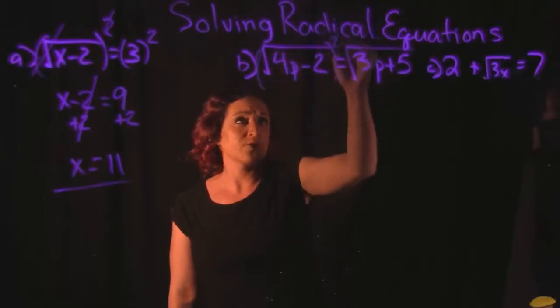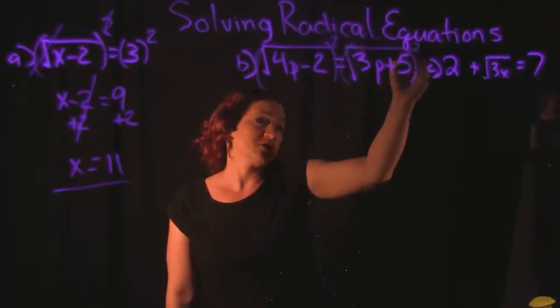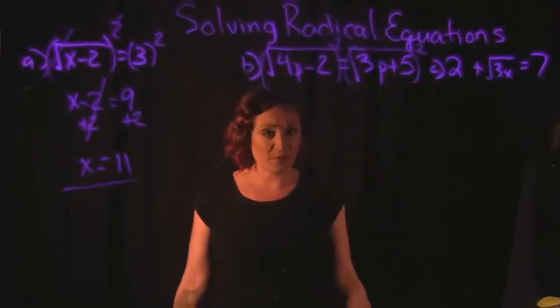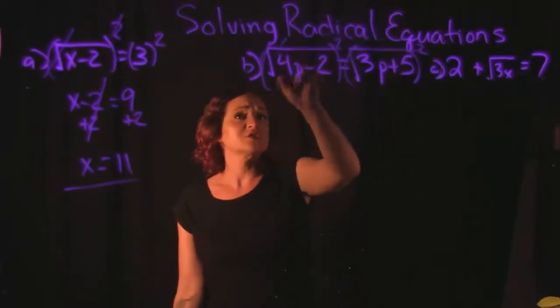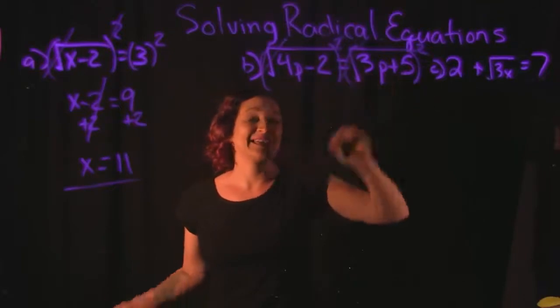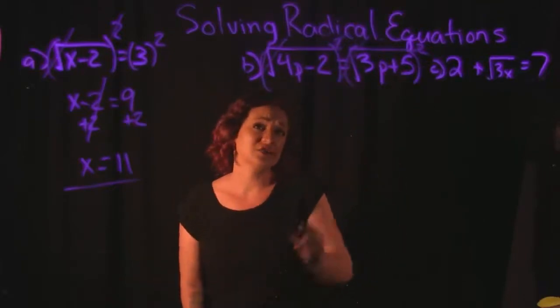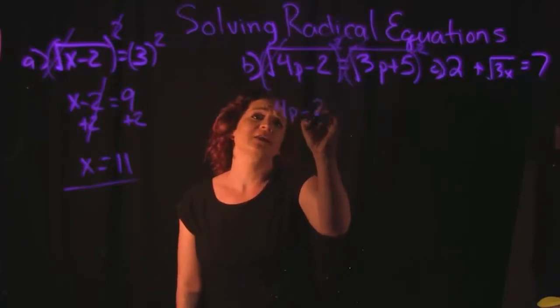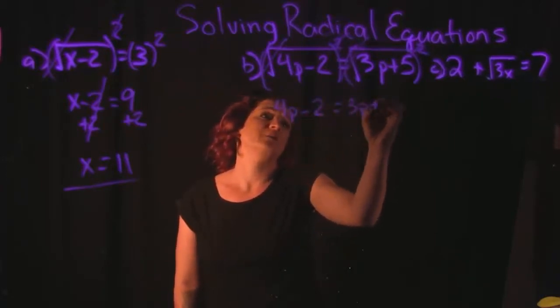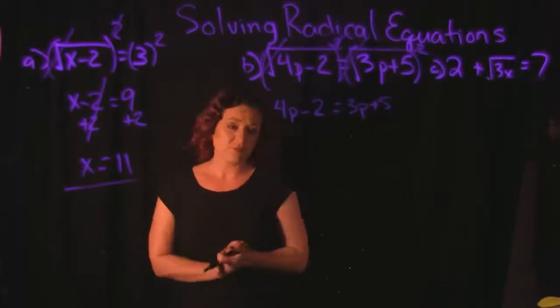So I'm going to square not only the left-hand side, but also the right-hand side, because remember, what you do to one side, you must do to the other side. The square root and the square cancel out on both sides, so just drop down what you have underneath: 4p minus 2 on the left, 3p plus 5 on the right.